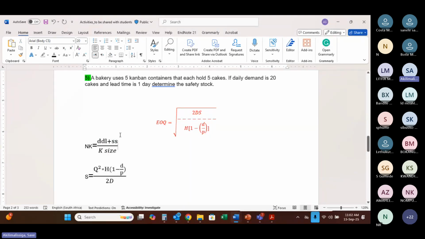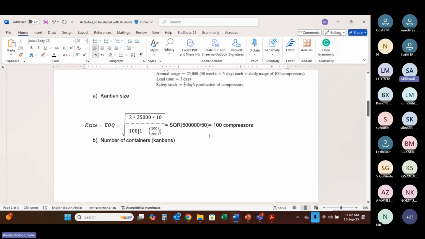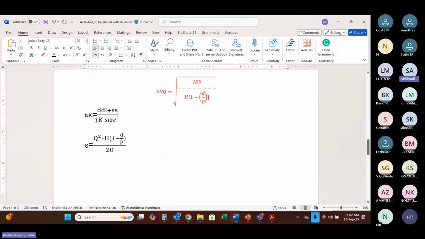So you can see that what we calculated earlier, the Kanban size, is going to help us to calculate the number of Kanbans. This means the unknown variables to us here are demand during lead time and safety stock, which we need to find out from the statement in order to come up with the number of Kanbans.